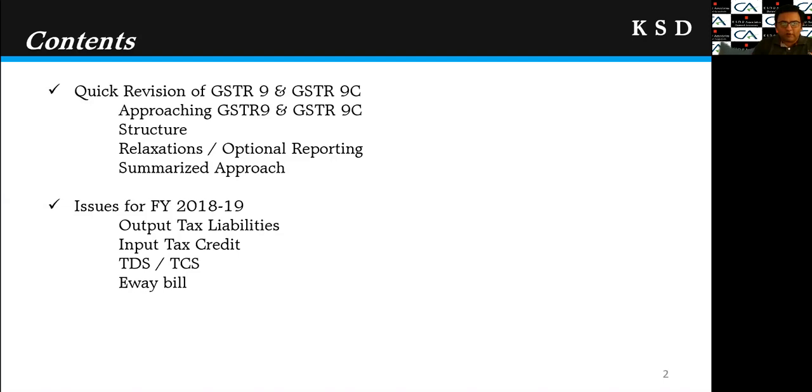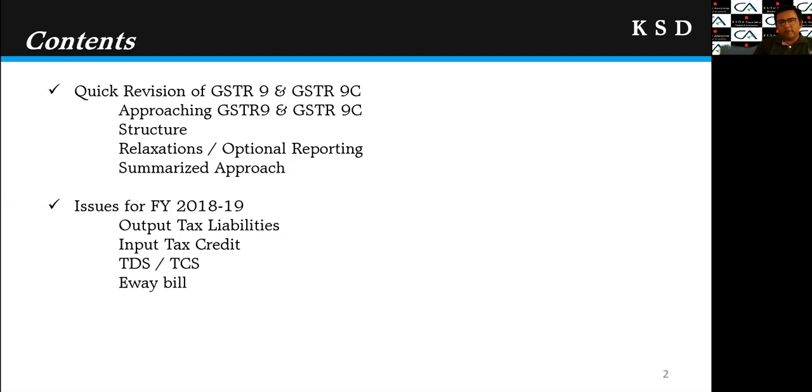So we all are aware of the various tables of the GSTR 9 and GSTR 9C, and we are very well aware of what amounts are to be reported where. So I will not go into the nitty-gritties of the GSTR 9 and 9C, but we will have a quick revision.